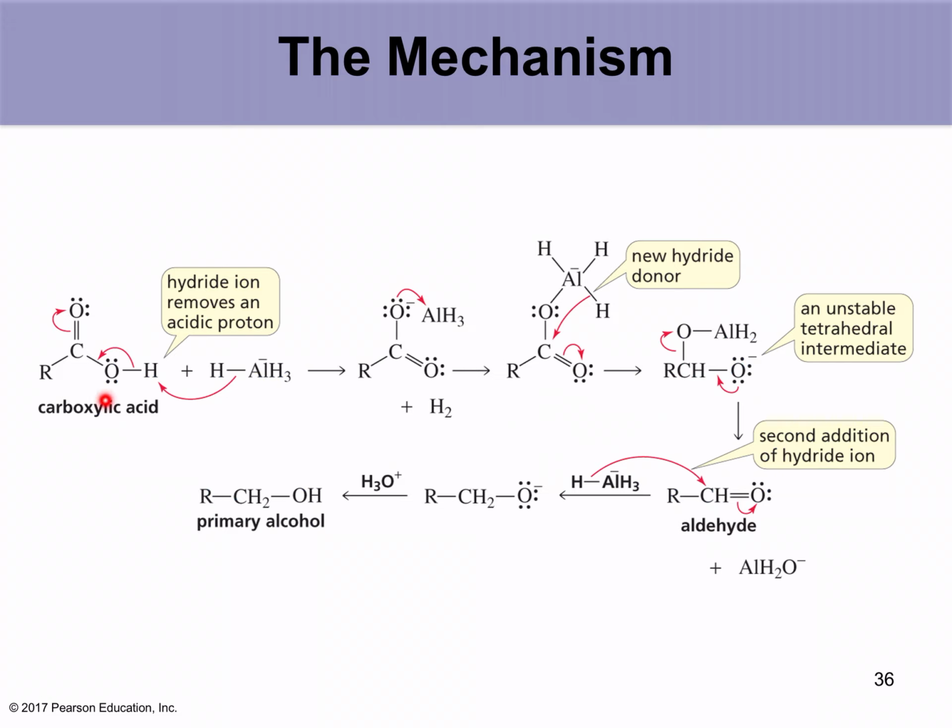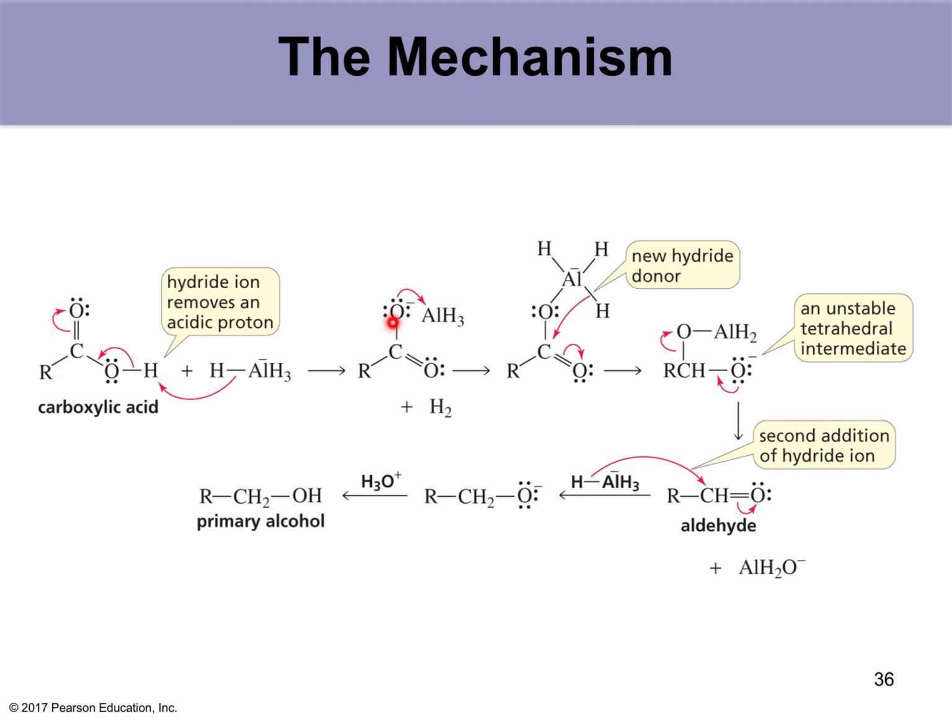Now, in the earlier examples, the hydride attacked the carbonyl carbon. But when you have a carboxylic acid, this hydrogen is more acidic, so it would be removed by the hydride ion. H minus takes this acidic hydrogen and forms hydrogen gas. And then this forms an intermediate where you form a pi bond between the carbon and oxygen, and this carbon-oxygen double bond will now become a single bond.